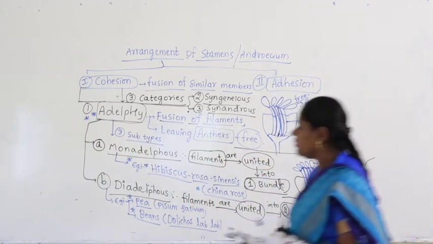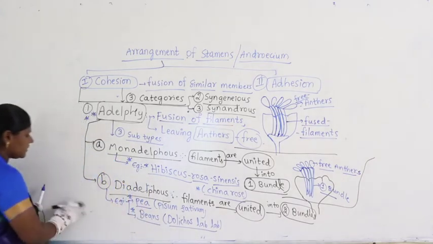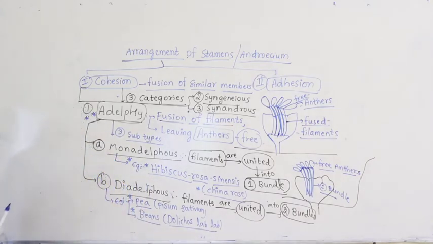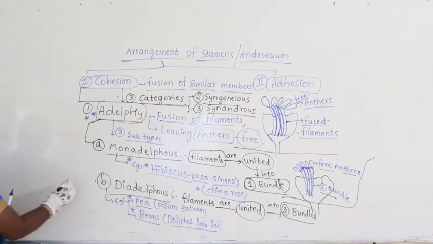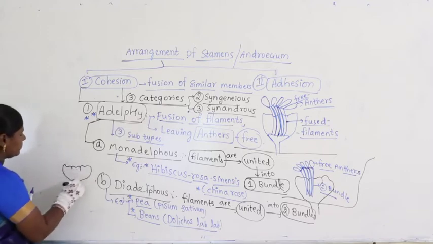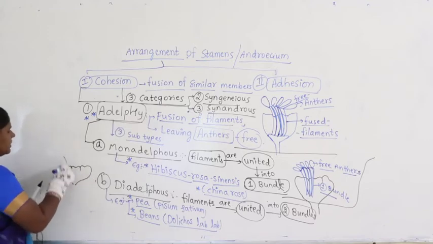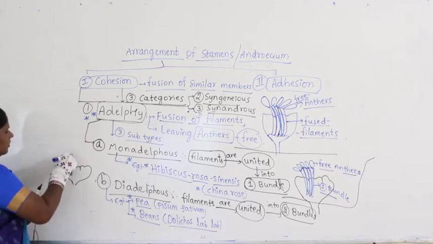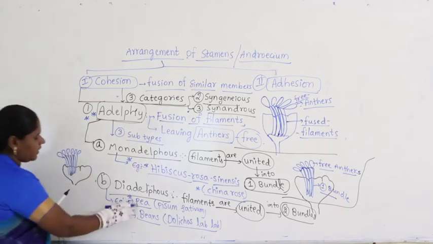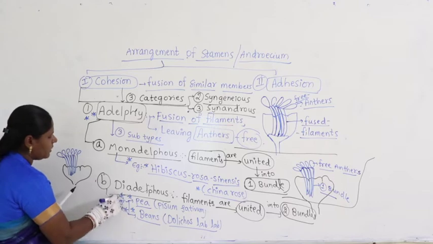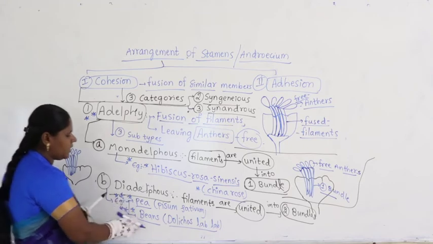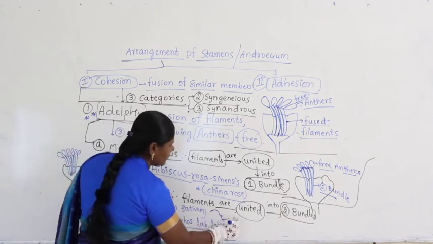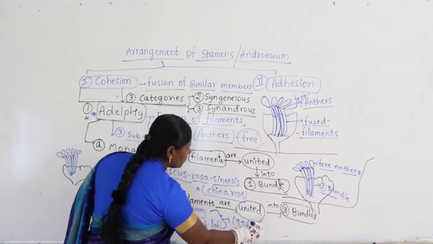So, better I will draw the diagram here itself. Look here. The flower is like this. Now, all filaments are joined. For example, if you take Pisum and beans, I will give you one more important point that we will study later in another chapter, but try to remember it. In pea and beans, we find a 9+1 arrangement.